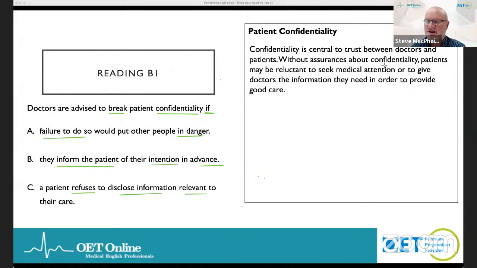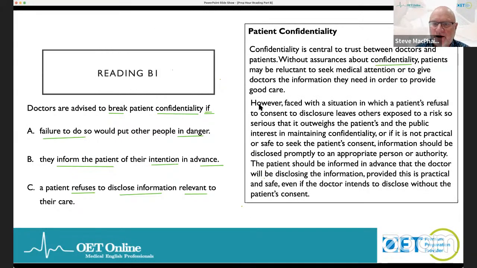Patients need assurances about confidentiality, so it's very important to patients that they have it. All right, so we know that. However, now there's our first red flag, isn't it? As soon as we see this word, after reading the background, it's a bit of a sign that the answer is probably going to be in the second section, because that's our topic sentence.